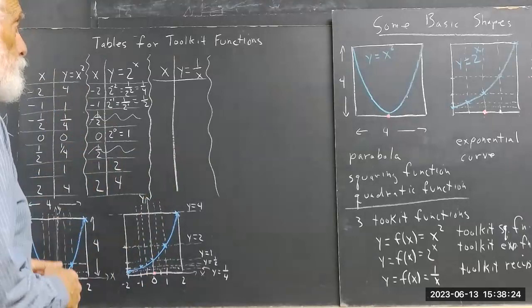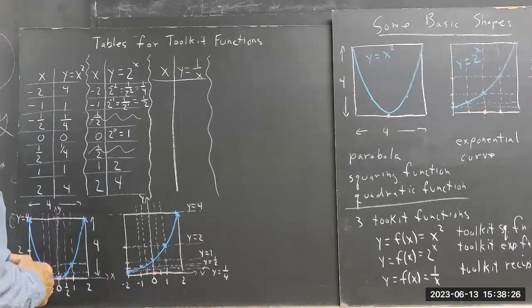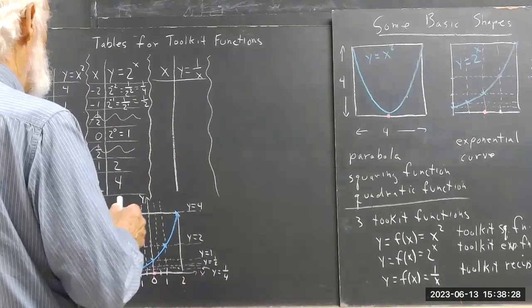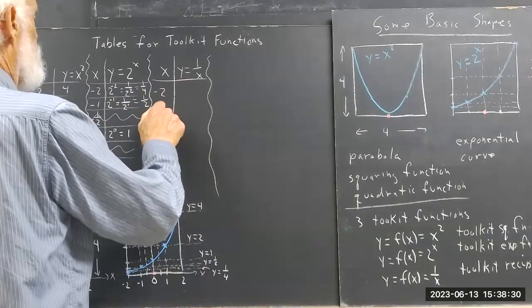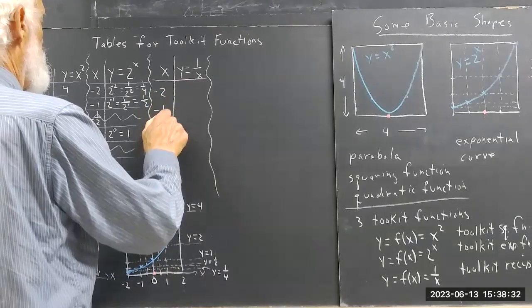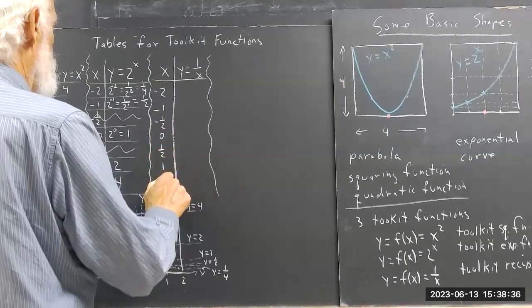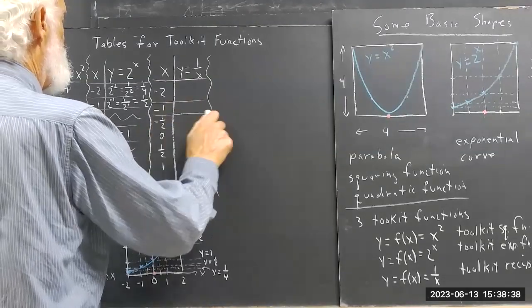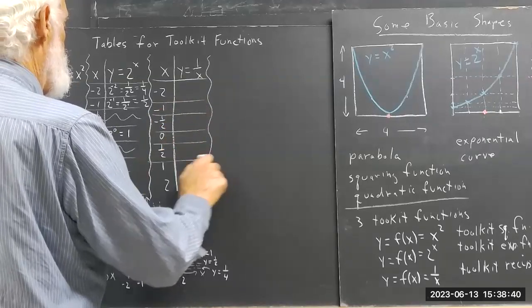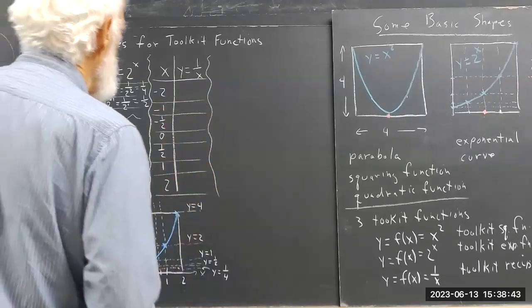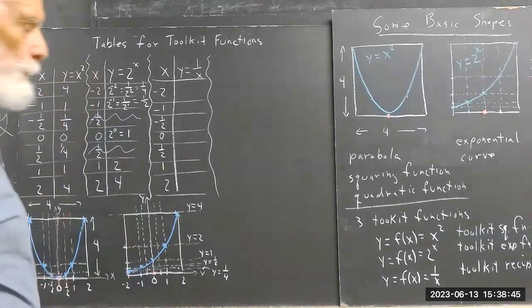Okay, now for your toolkit reciprocal function, again, we're going to start with -2, -1, -1/2, 0, 1/2, 1, 2. And we're going to do the reciprocals.